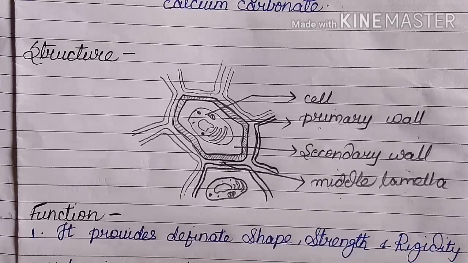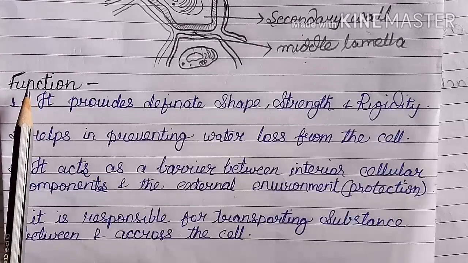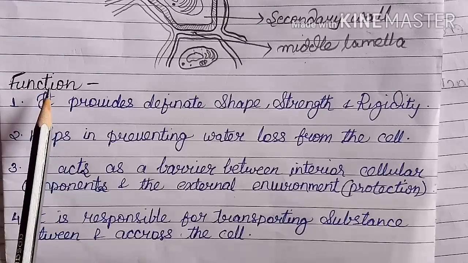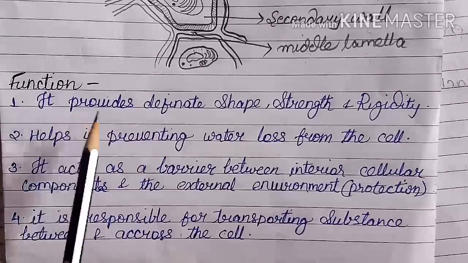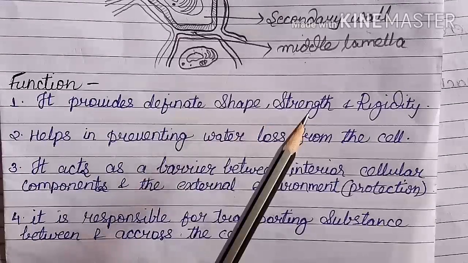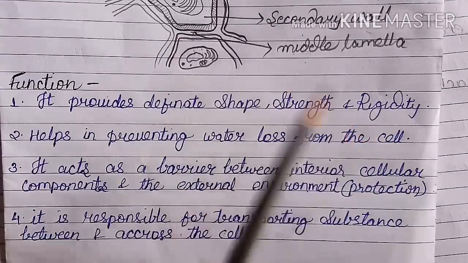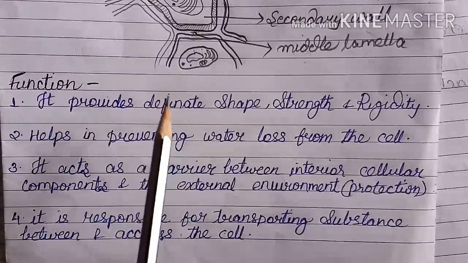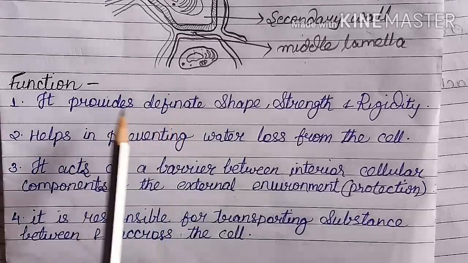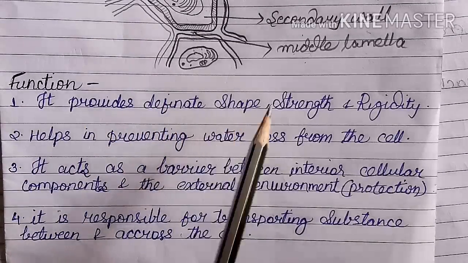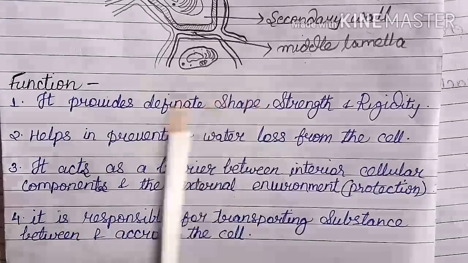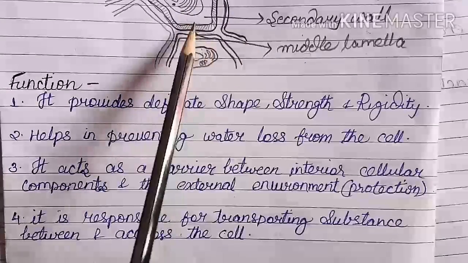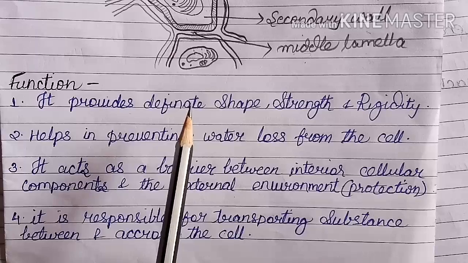Now, what are the functions of cell wall? The first point is it provides definite shape, strength and rigidity to the plant cell. Cell wall is made up of cellulose.